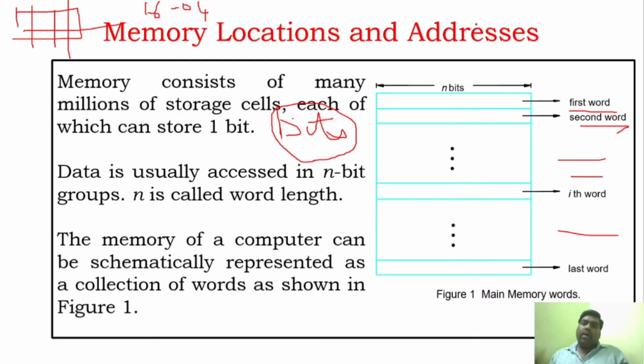Now, if the processor needs some information from the memory in order to execute a particular instruction, it has to fetch that instruction from the memory.